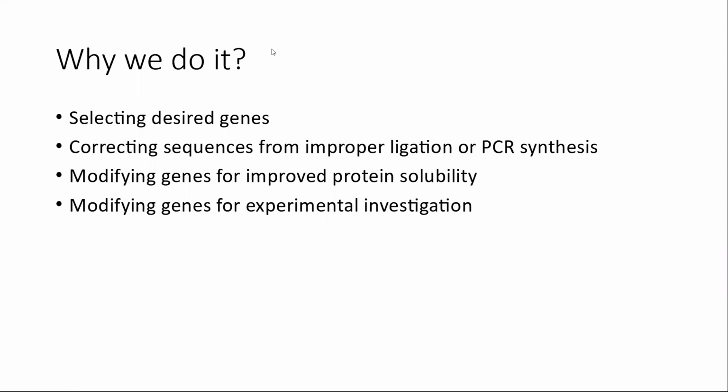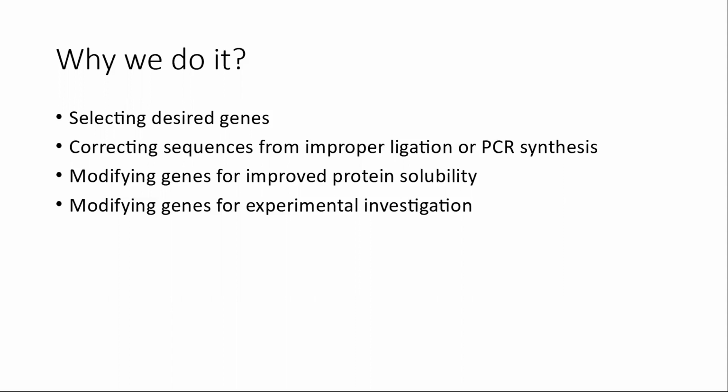Site-directed mutagenesis is a process where we can modify a DNA sequence to help us express a certain gene, or in the case of correcting improper ligation or improper PCR synthesis. But we can also use it to improve protein solubility by adding some cutting sites in, maybe adding like a GST tag, something like that.